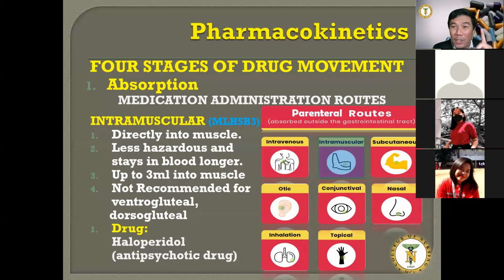And once you hit a nerve, this may cause the possibility of paralysis, and that will be your accountability. So as much as possible, don't consider the ventrogluteal or dorsogluteal site for intramuscular.